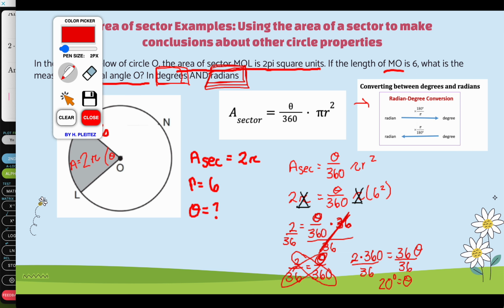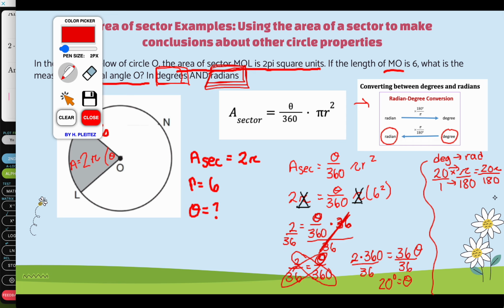So to go from degrees to radians, we need to multiply our angle by pi over 180. So we do 20 times pi over 180. Now, it's 20 over 1, right? So sometimes it helps to see it like this because you can just multiply straight across. So we get 20 pi over 180.